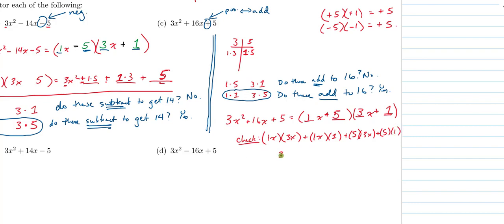Confirm that this gives us 3x squared plus x plus 15x plus 5. And that does indeed, when you finish simplifying, give us 3x squared plus 16x plus 5, which is what we hoped it would do.